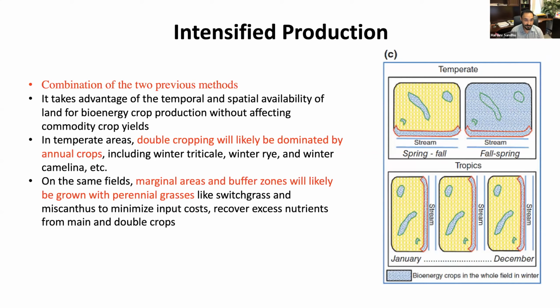And on the same field, the marginal areas and buffer zones will be grown with perennial grasses. For example, switchgrass or sugarcane or miscanthus that need low inputs and that can minimize input cost and can recover the excess nutrients from main and double crops.